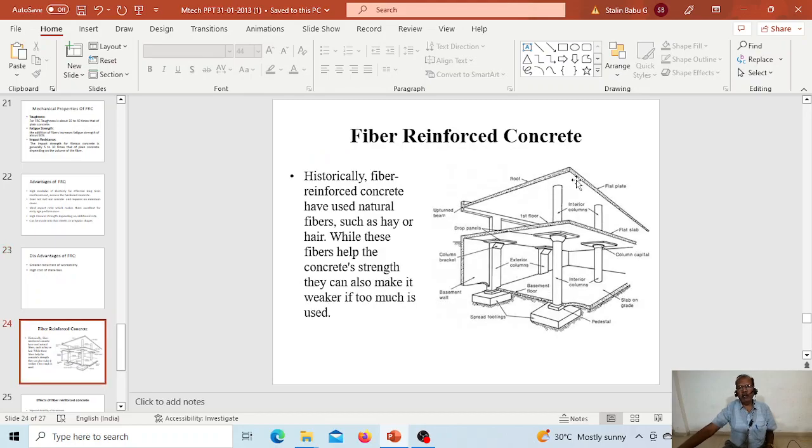Here it is fiber reinforced concrete. One structure is there. When you are having low bearing capacity of soil, we lay the slab, that is flooring, with fibers, because the safe bearing capacity of soil is very low.